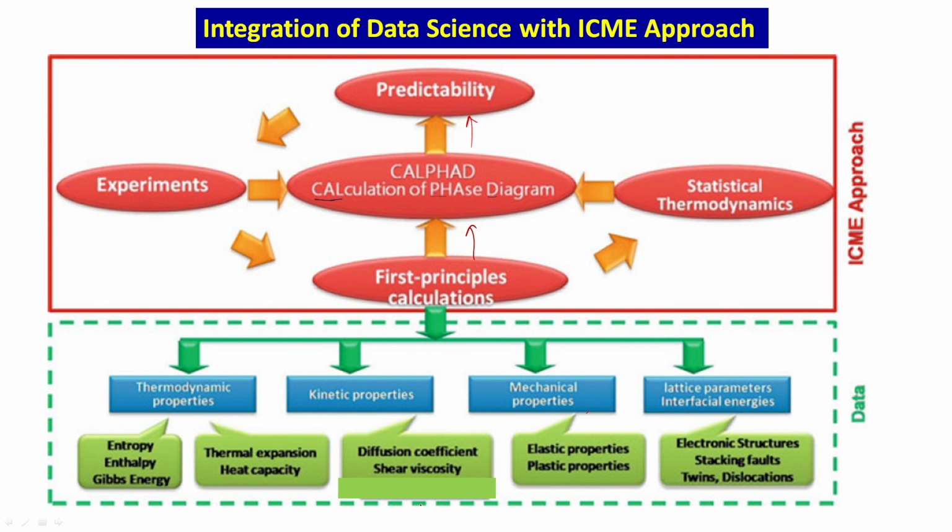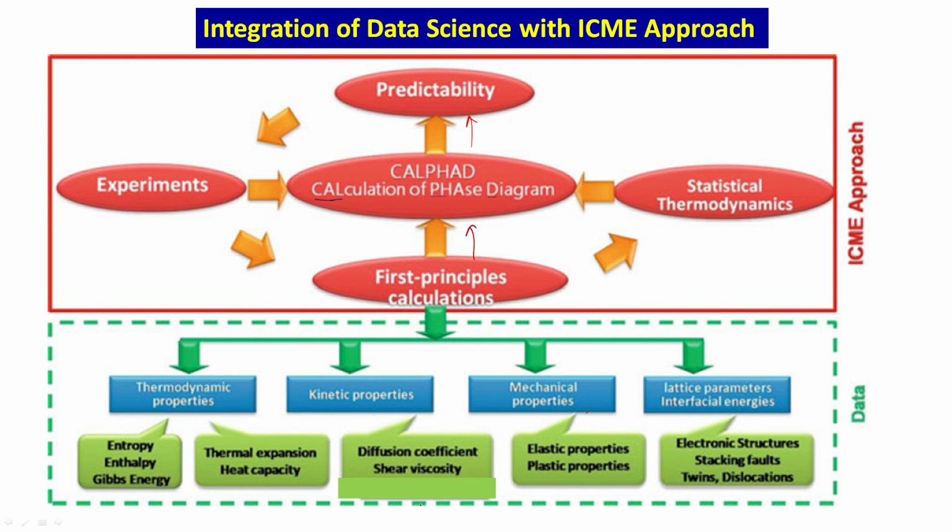Now, thermodynamics provides us the information of the phases in the microstructure. That is what we call CALPHAD, which is nothing but a calculation of phase diagram. So, this can take information from first principle calculations, which we will discuss after this part of the lecture, and also from statistical thermodynamics.